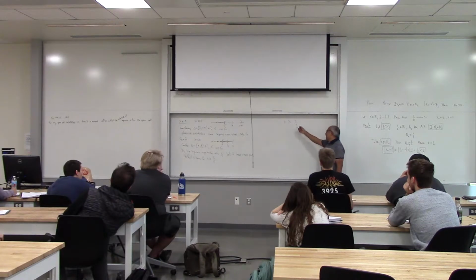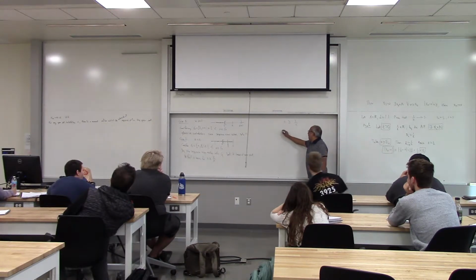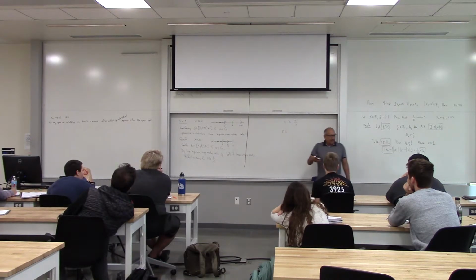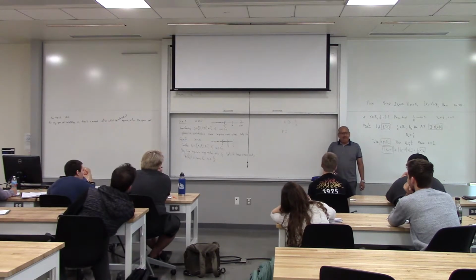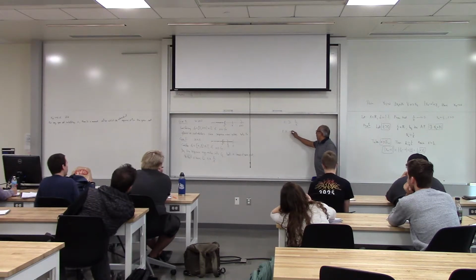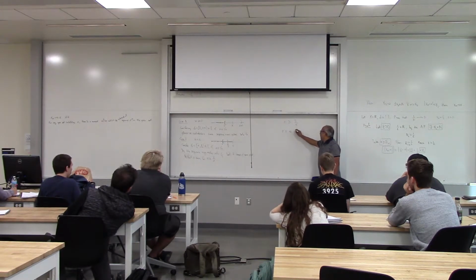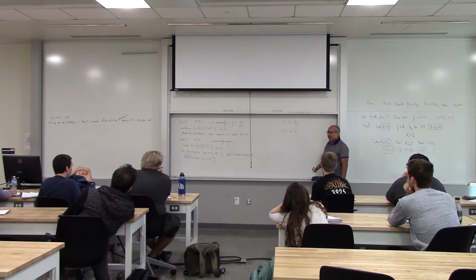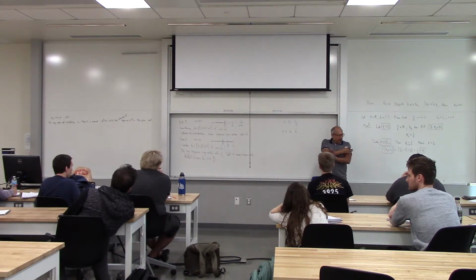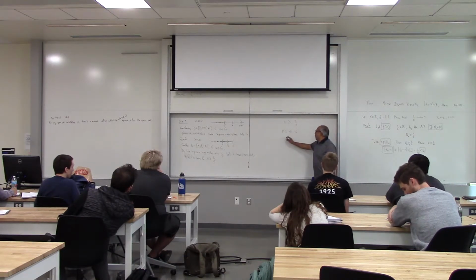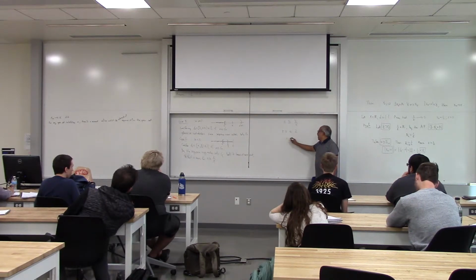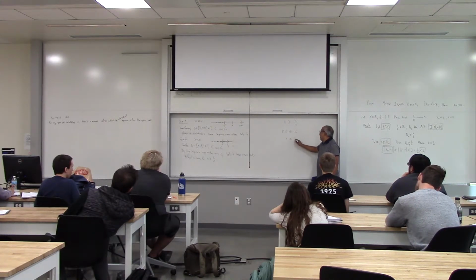This is algebra. If you multiply both sides by x, what do you get? nx is less than or equal to 2. Why less than or equal? Because x is negative, and it flips the inequality, right? So divide both sides by n. x is less than or equal to 2 over n.